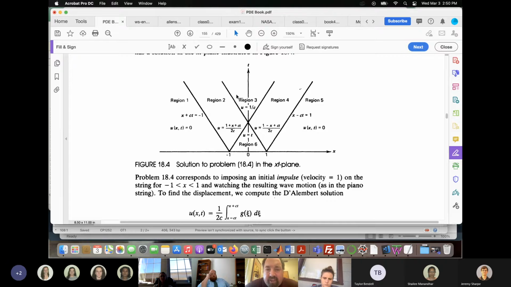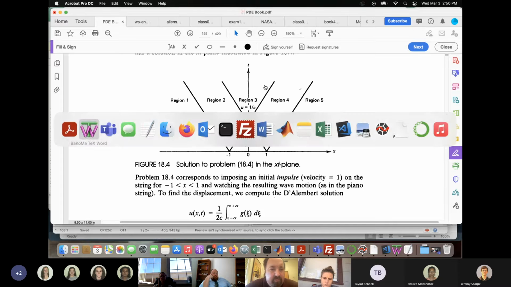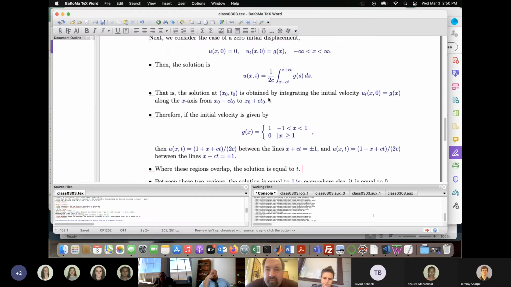So x minus ct is less than -1. So for the solution formula that we use here, we do not start integrating with x minus ct as a lower limit. We use -1 as the lower limit.